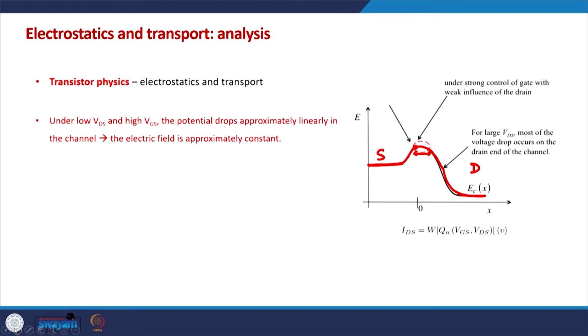One is that under low VDS, when the drain voltage is low and VGS is high, because of the high VGS, the channel is there in the device, there is a layer of electrons in the device. So, if this is the MOSFET, this is source, this is drain, this is oxide, this is gate.